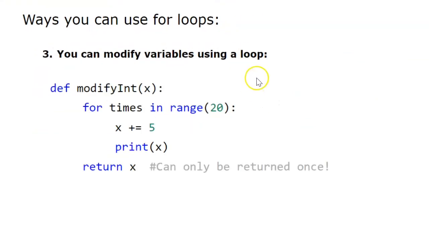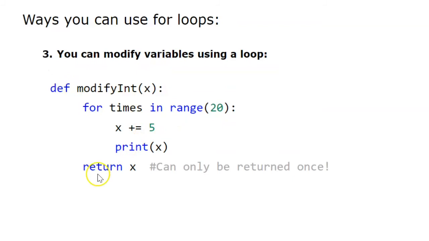The third way that we can use a loop is to modify variables. For example, you could have some integer value like x, and say we want to add 5 to it over and over again as many times as we wanted.